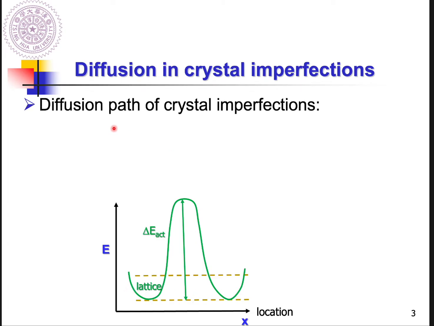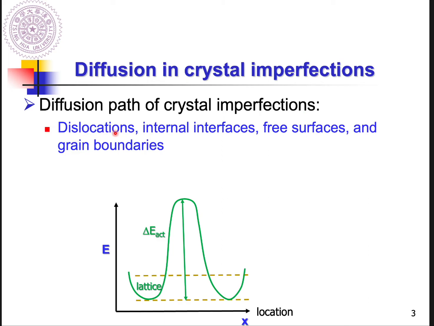But if there are other diffusion paths at crystal imperfection sites, such as dislocations and internal interfaces, that means if you have alpha and beta phases, then the interface between these two phases is called an internal interface. A free surface means that if your sample is a sheet, then the top surface is a free surface.